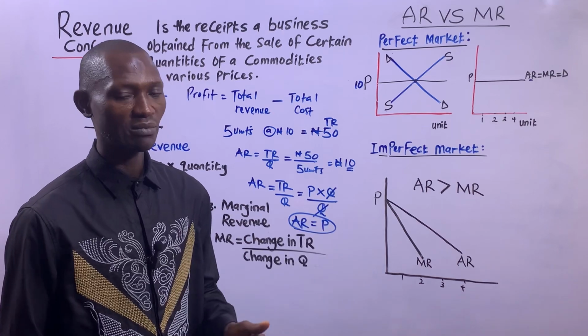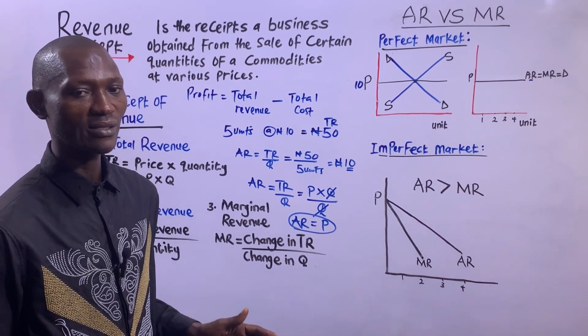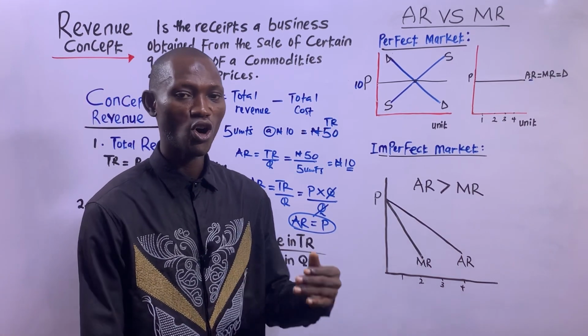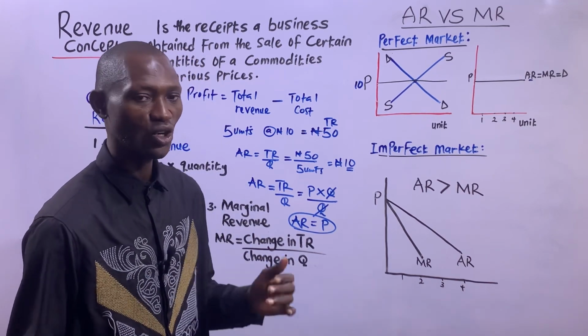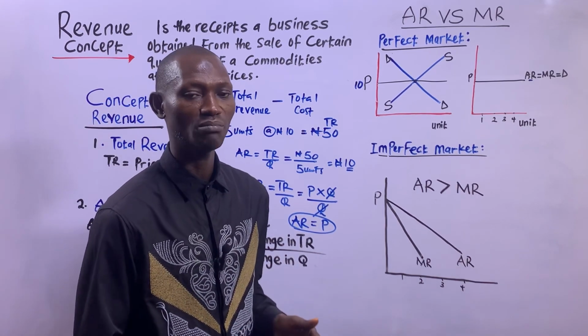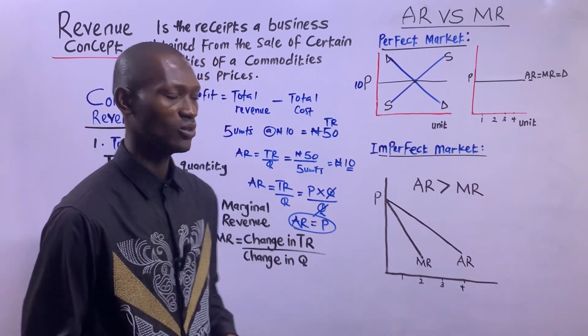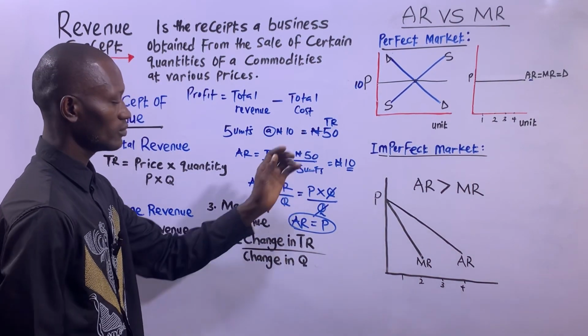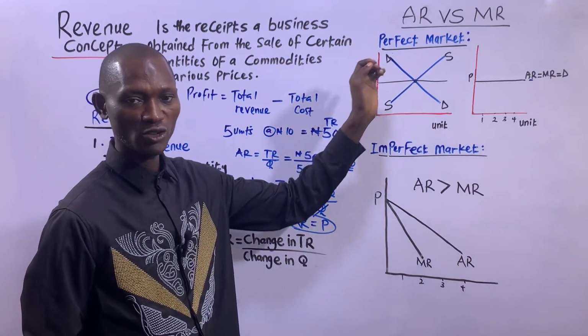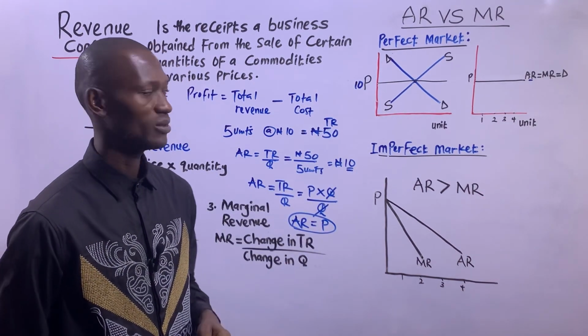But in an imperfect market, they are not always the same. Average revenue always lies above the marginal revenue, or the marginal revenue always lies below the average revenue. But let's look at that thoroughly now. That's the relationship between average revenue and marginal revenue.